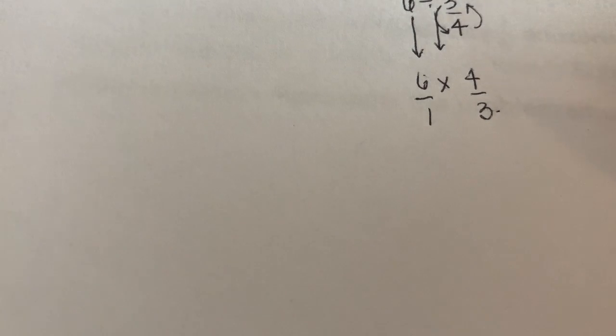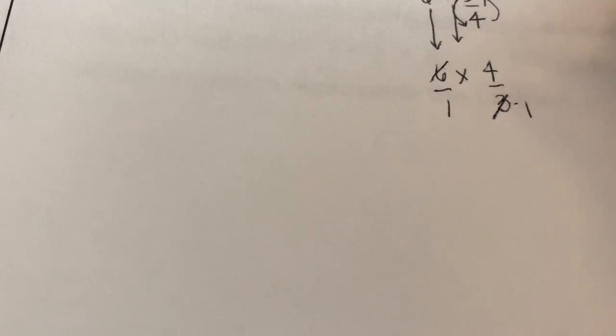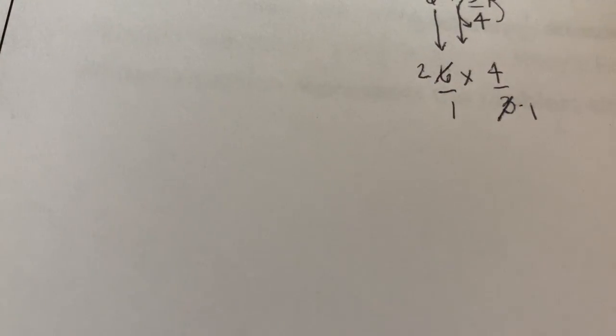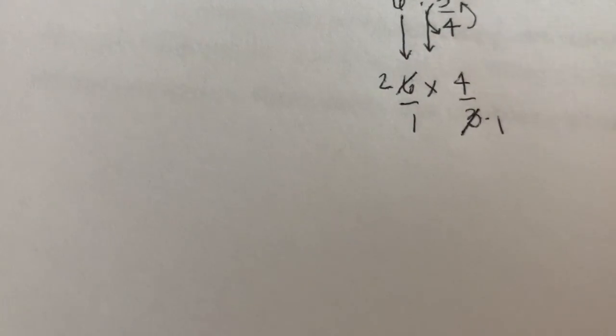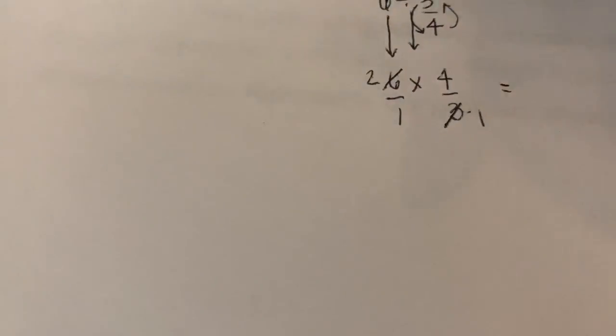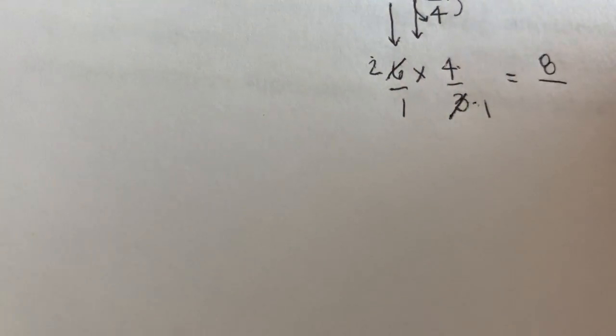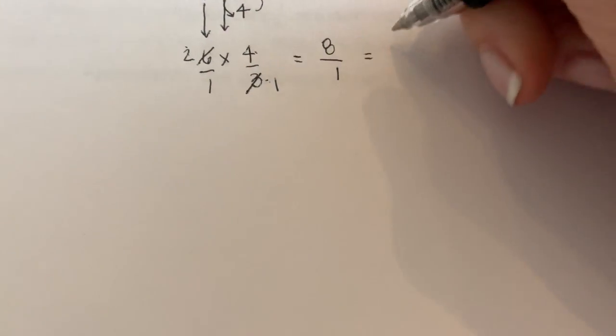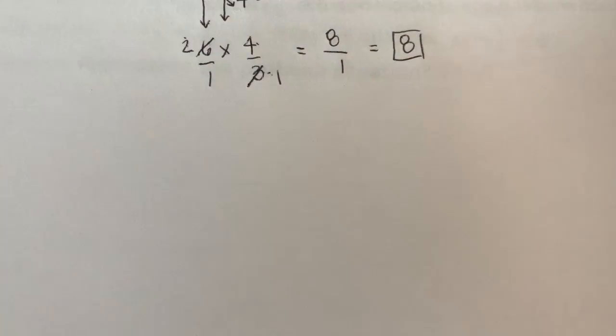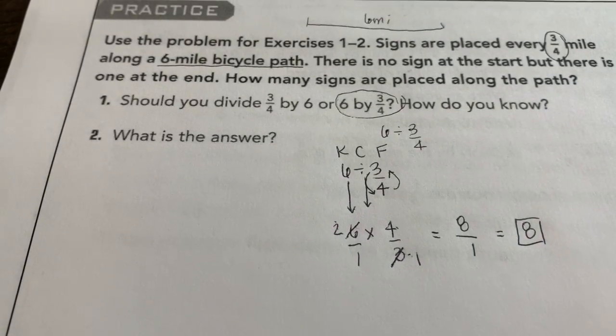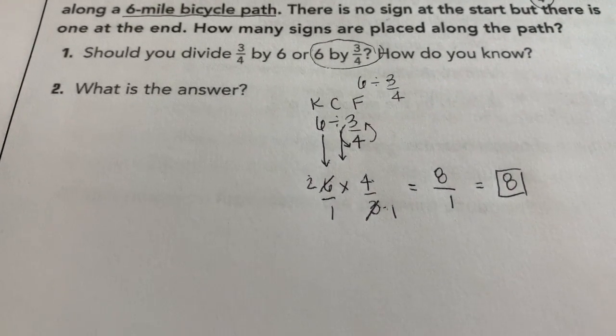You can look diagonally. 6 and 3 can both be divided by 3. 3 goes into 3 once, and 3 goes into 6 twice. 4 and 1 have nothing in common besides 1. So now we just go straight across. 2 times 4 is 8. Over 1 times 1 is 1. And hopefully we all know that 8 over 1 is equal to 8. So the answer to our problem would be that there are 8 signs placed along the path.